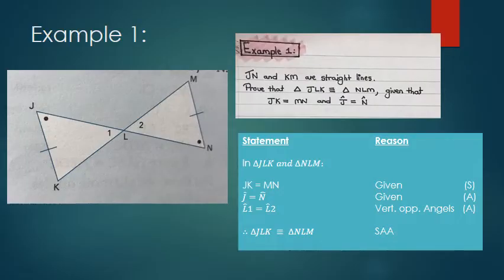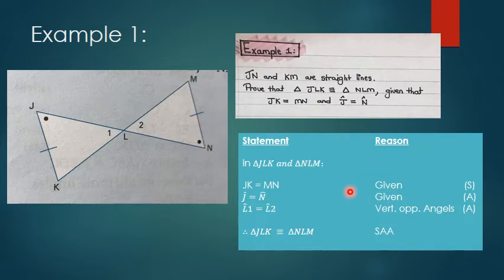Let's quickly have a look at example 1. They've given you JN and KM are straight lines. Prove that triangle JLK is congruent to triangle NLM, given that JK is equal to MN and angle J is equal to angle N. If you look at this picture, what has been given?